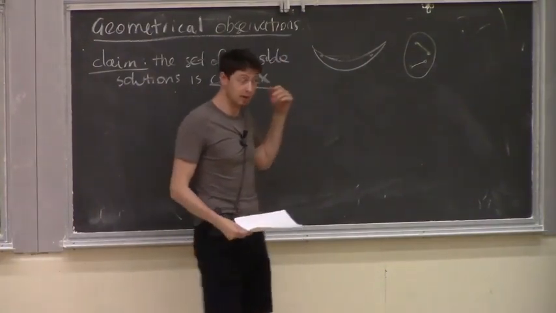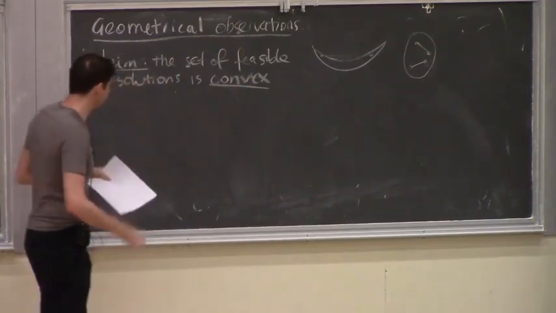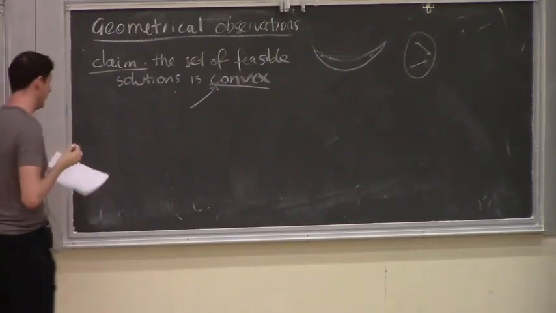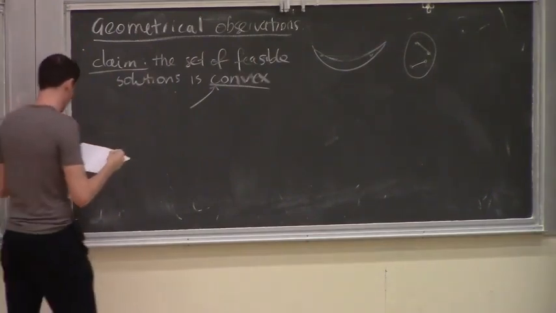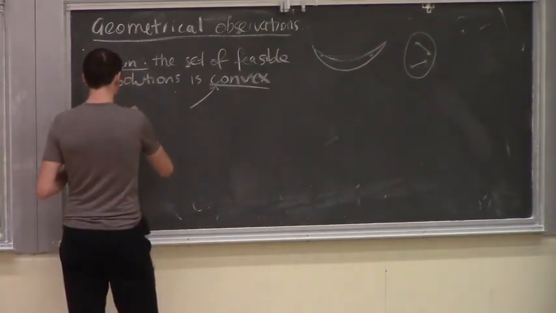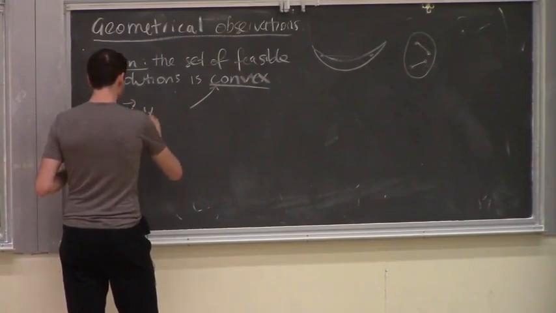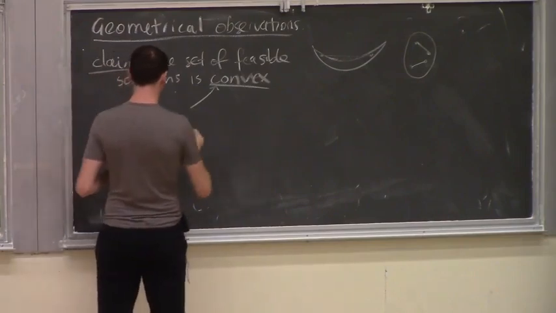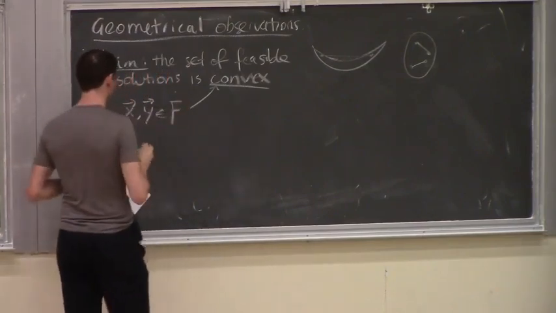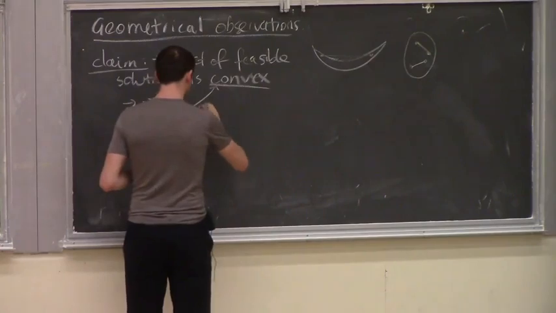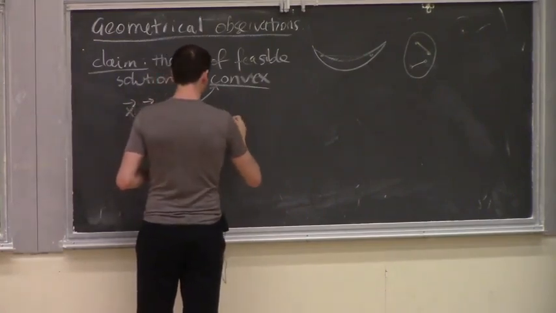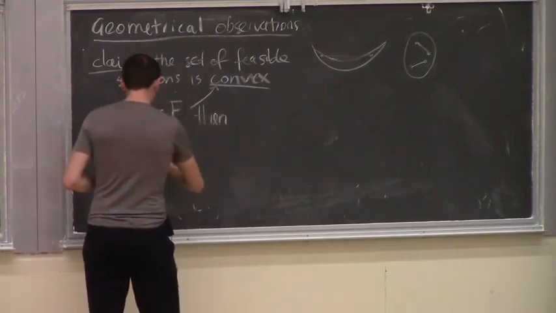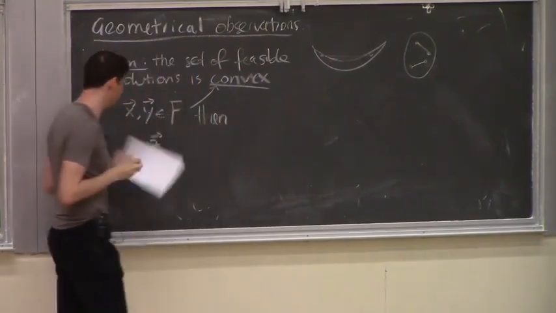Okay, so now I want to write down formally what that means, because we're going to actually prove it. It's not going to be hard at all. So it means that if x and y are in F, the set of feasible solutions, then how can I break down any point z between x and y?